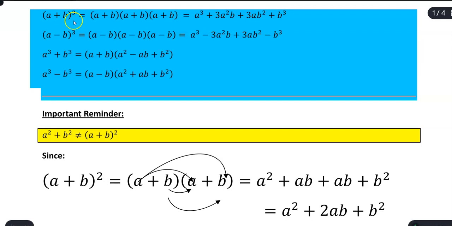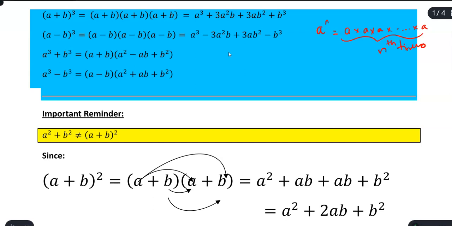So in terms of factoring, you see that it turns into (a plus b)(a plus b)(a plus b), because I follow the formula for exponents. If I have a to the exponent n, it means that I multiply a by itself n times.